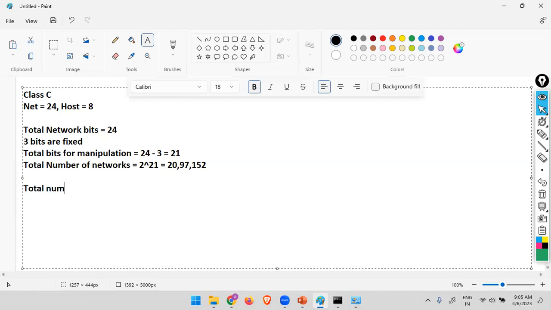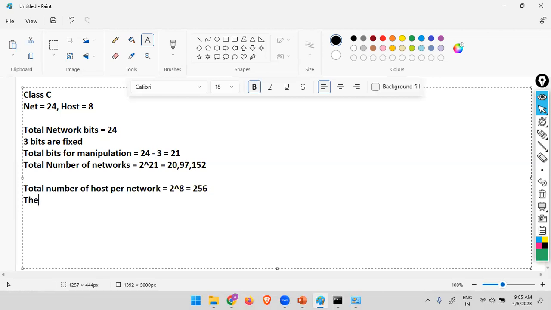Now, total number of hosts per network. How many host bits do we have? 8. That will be 256.